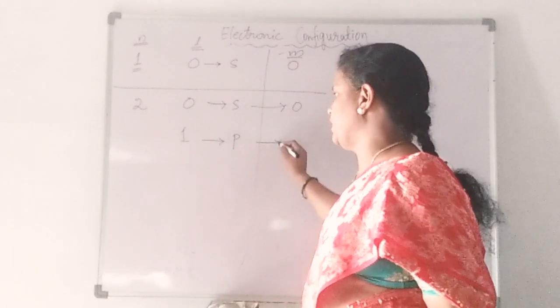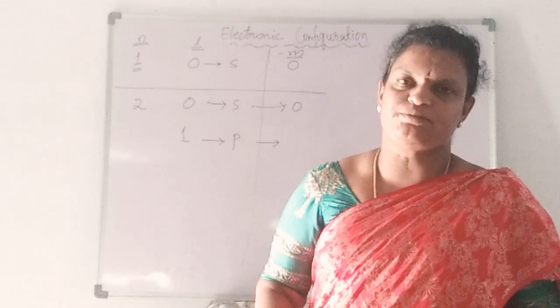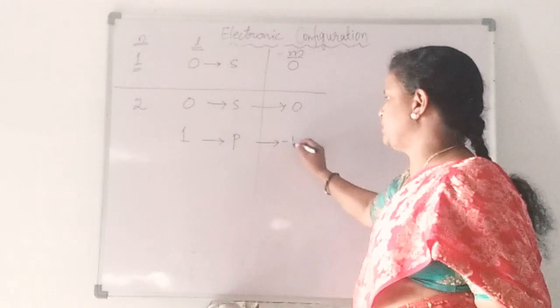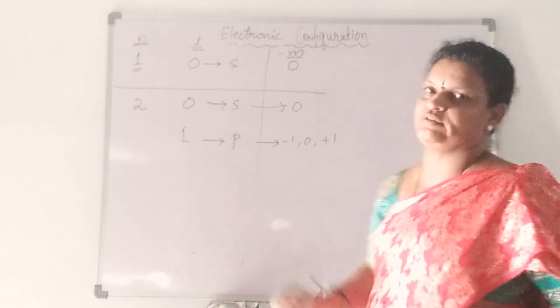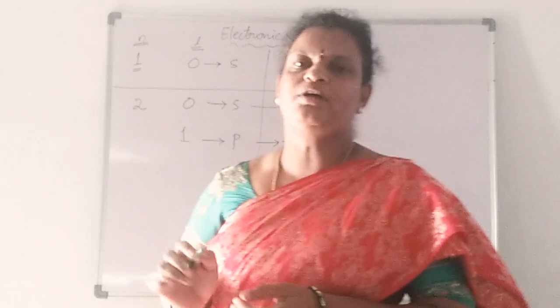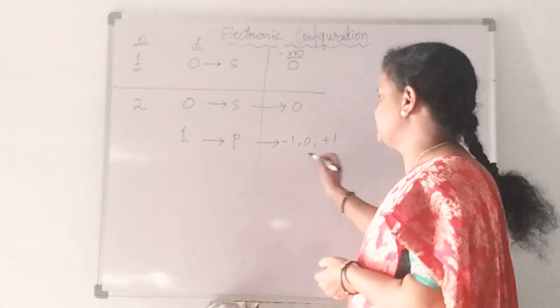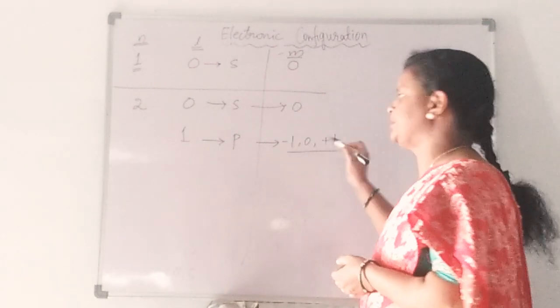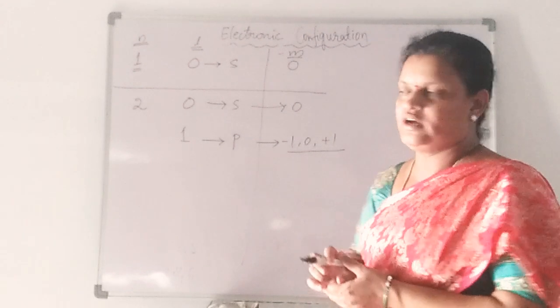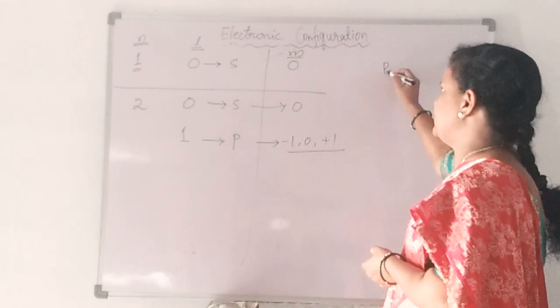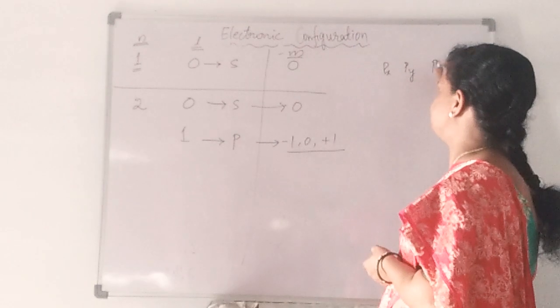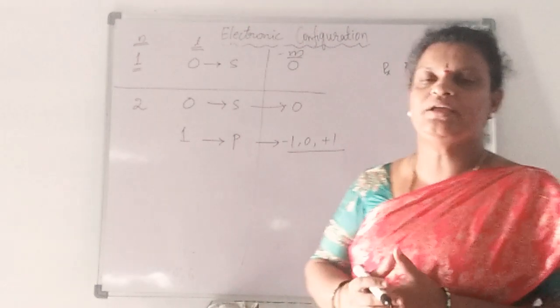And in the P subshell we have totally 3 values for the magnetic quantum number, minus 1, 0 and plus 1. So 3 orbitals are present. What are the 3 orbitals present in P? Px, Py, Pz.